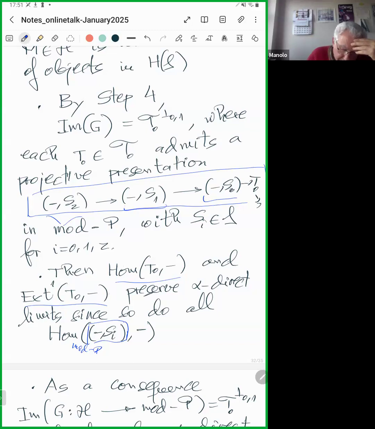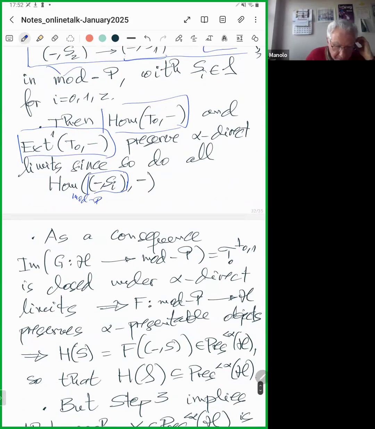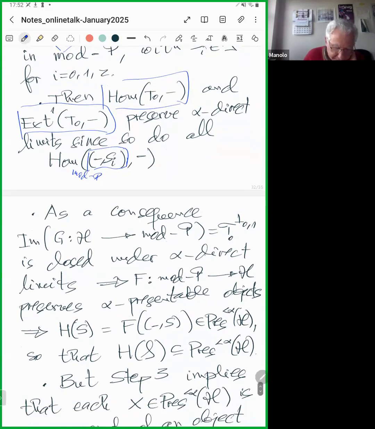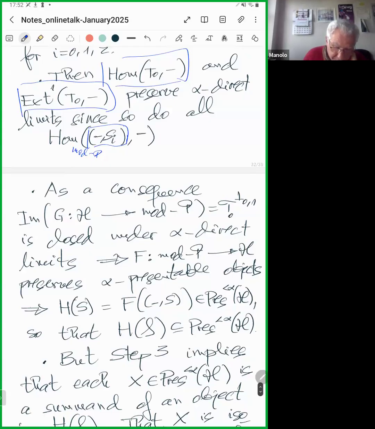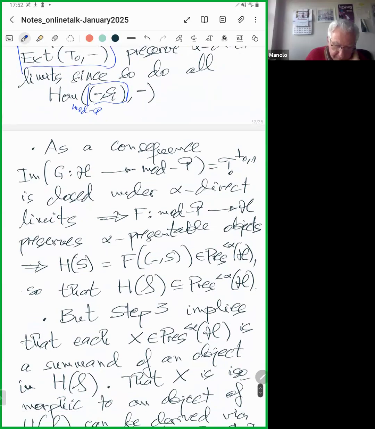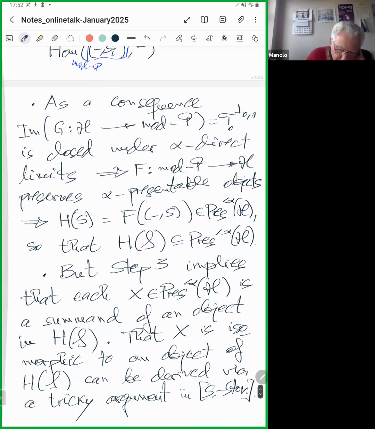As a consequence, Hom(T0, -) and Ext1(T0, -) preserve alpha direct limits, and as a consequence, the image of the fully faithful right adjoint G, which is this category, is closed under alpha direct limits. This means, by the proposition that I gave before, that the Serre quotient functor F preserves alpha presentable objects, and as a consequence, you have this inclusion.